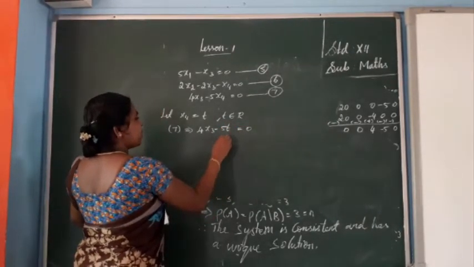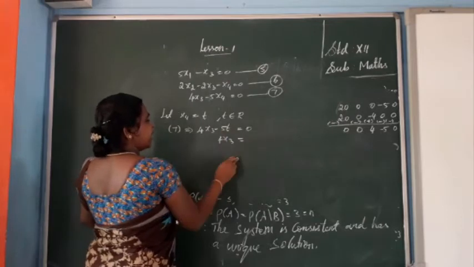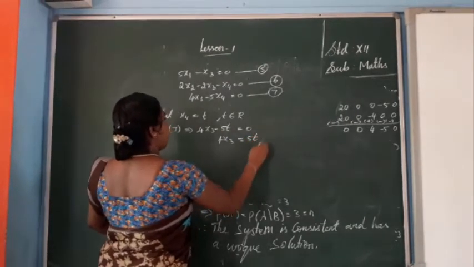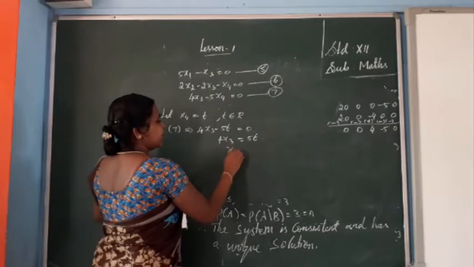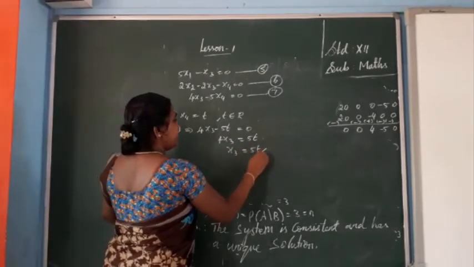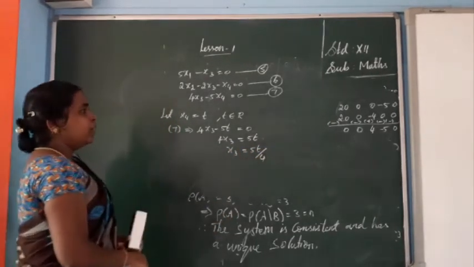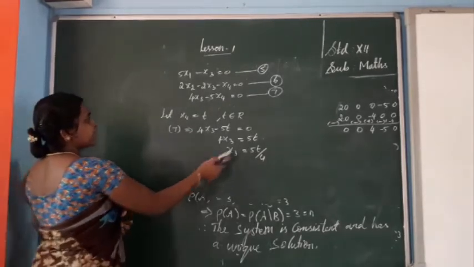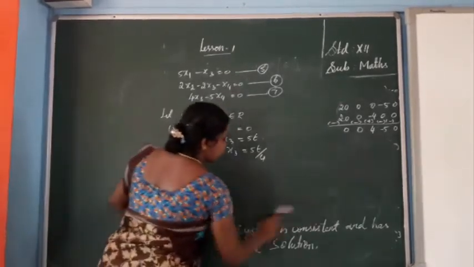Now 4x3 equal to 5t, you take right hand side, become positive, so plus 5t. Then x3 equal to 5t by 4. Okay, are you clear? x3. Next you have to substitute x3 in equation 6.